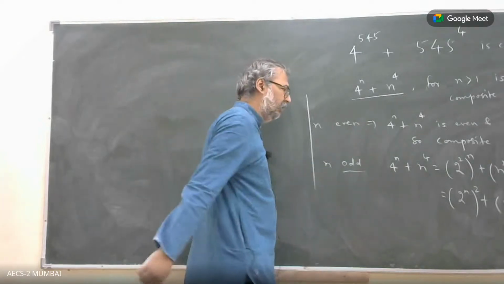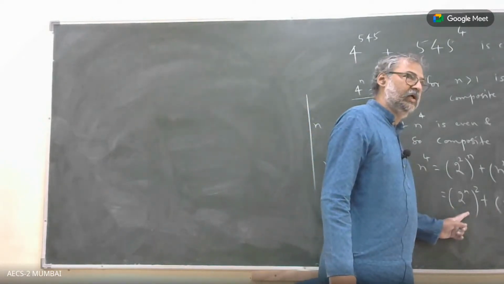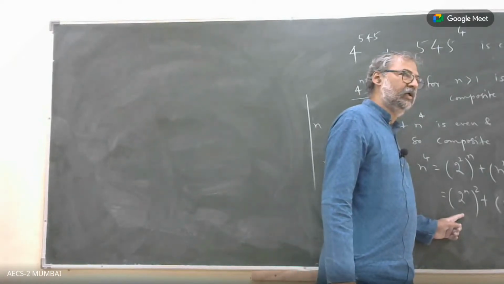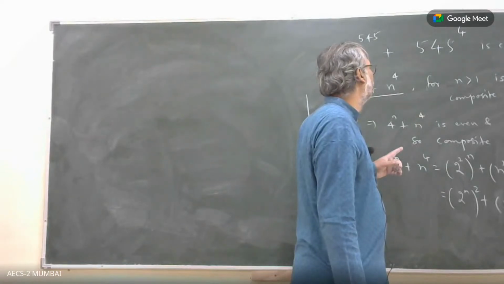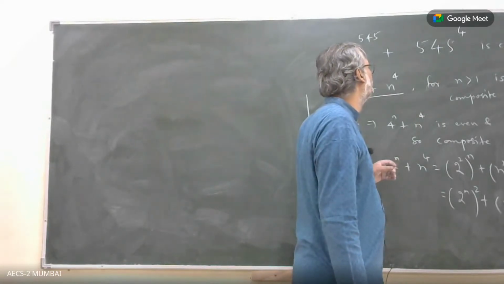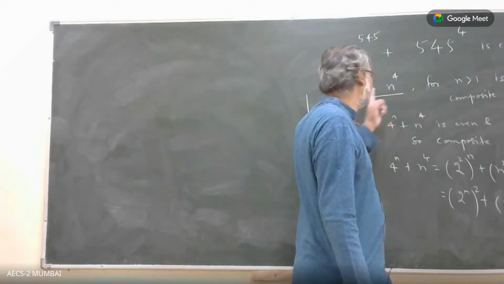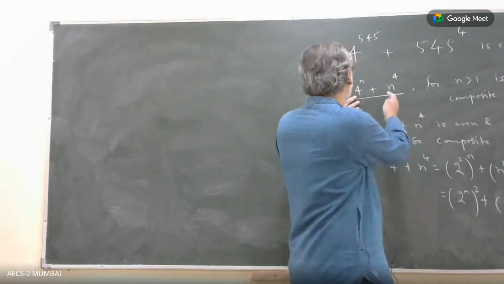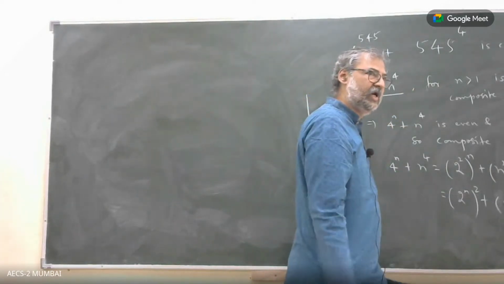Sir, you can do 4 times 4 power 544 plus 545 power 4, then we can apply it and transform. Yeah, that is okay, but let's first finish this one. And we just put n equal to 545. That is composite, right? Yeah.